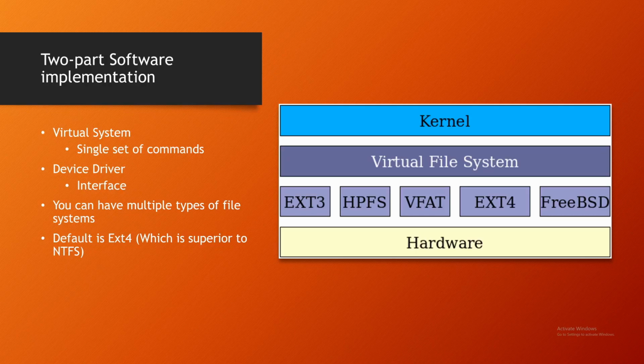The driver is the second part of the system, hence the two-part software implementation. This means you can have different types of file systems all controlled from the kernel in Linux, and have the commands run on a bunch of different file systems without having to change the command that you're inputting.